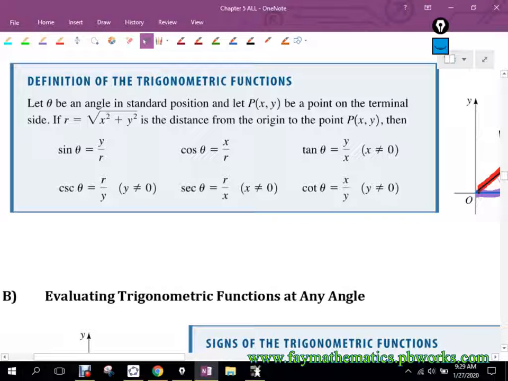When we deal with the trig ratios and these trig functions, sometimes we get positive and negative values back. Okay, take your calculators out real quick.